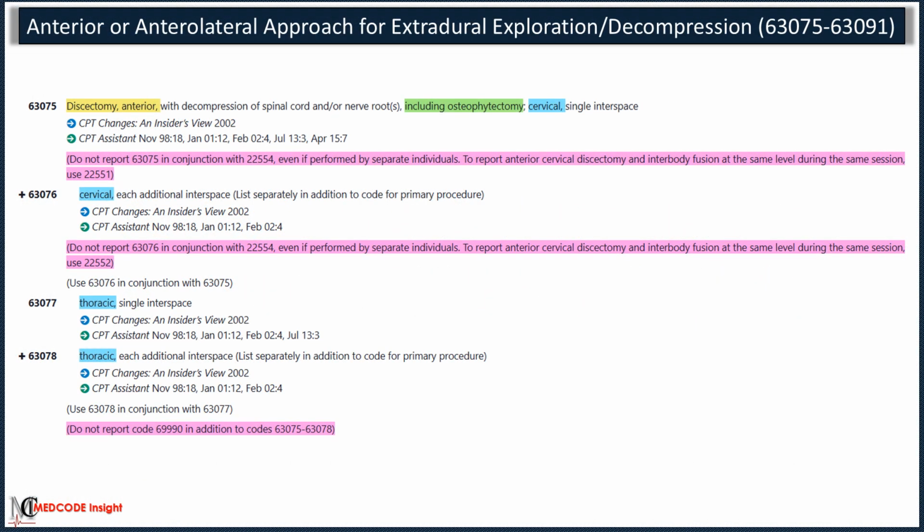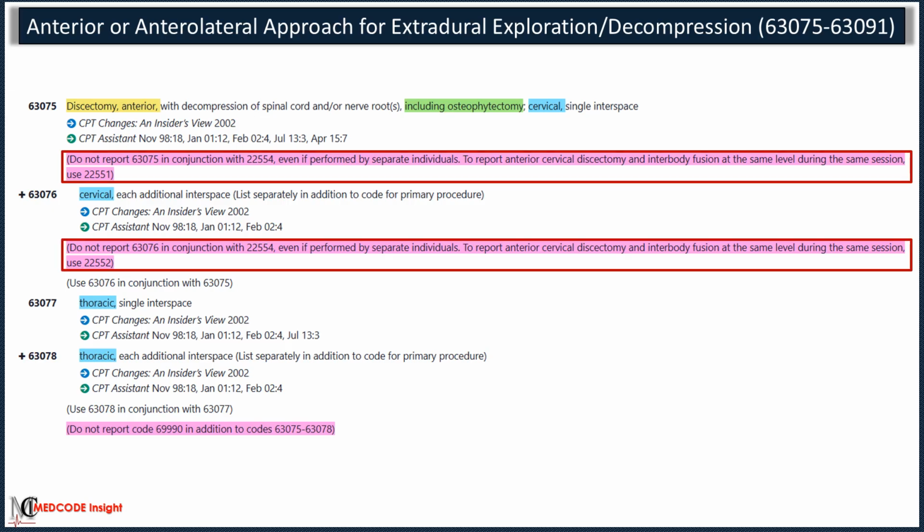Codes for the anterior or anterolateral approach are used for the removal of a damaged or herniated disc. While eliminating options in this section, remember two key points. To report anterior cervical discectomy and interbody fusion, never report code 63075 or 63076 in conjunction with code 20554, even if performed by a separate individual.